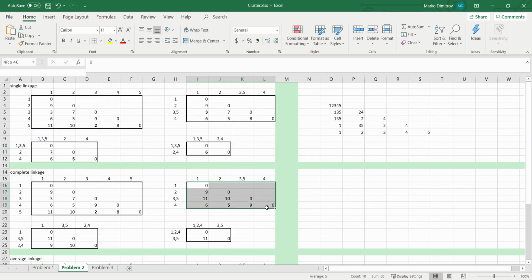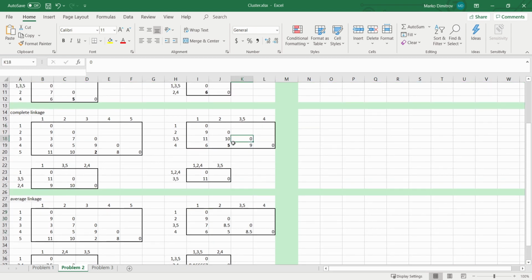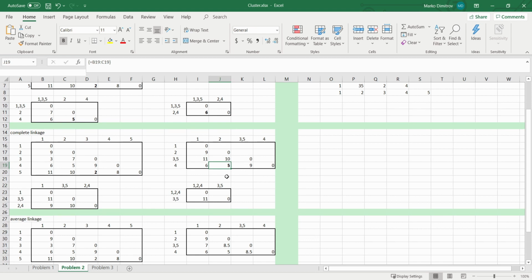Let me repeat again. Here we used minimum distances. Here we use maximum distances. Here we will use average distances. But we still choose the minimum distance to merge. We use maximum to compute the distances. This might be a little bit confusing.